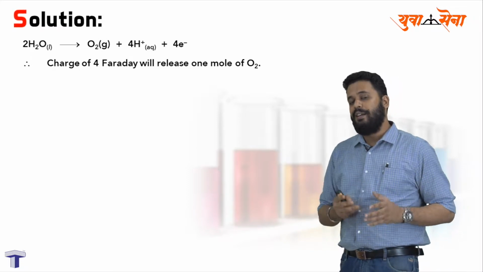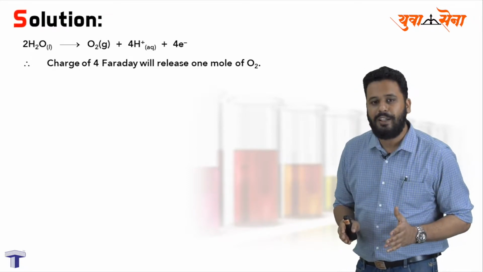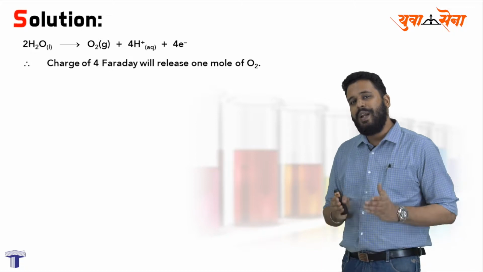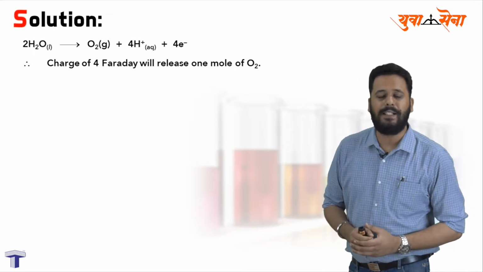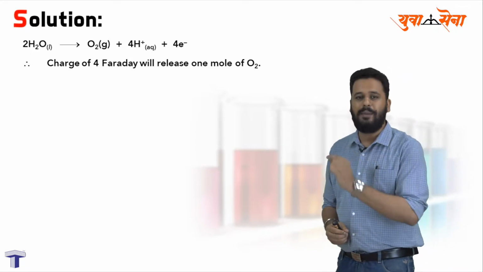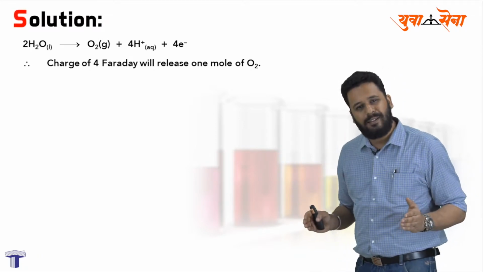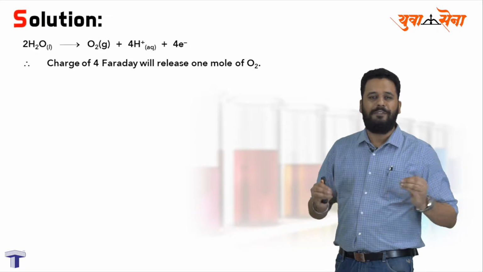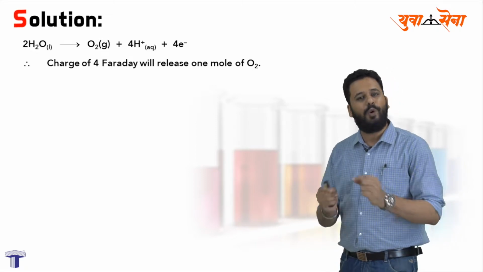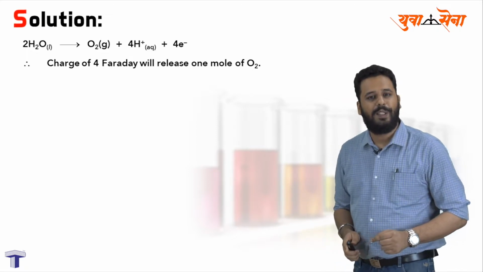We know that 1 mole of oxygen occupies 22.4 liters of volume at STP. Not only oxygen, for that matter any gas at STP will occupy 22.4 liters of volume.